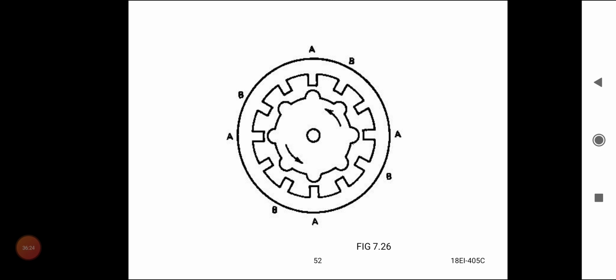That causes one step to be moved. And next, B poles will be aligned, A poles will not be aligned. So that causes one step of the rotation to occur.